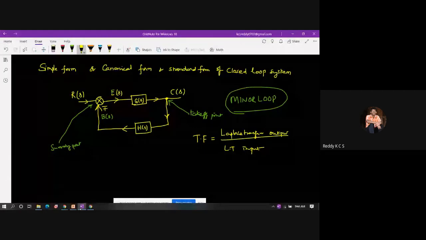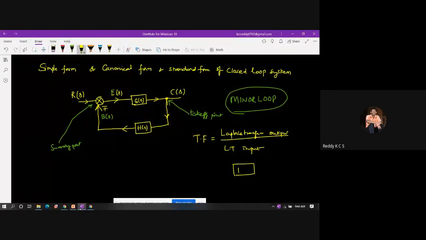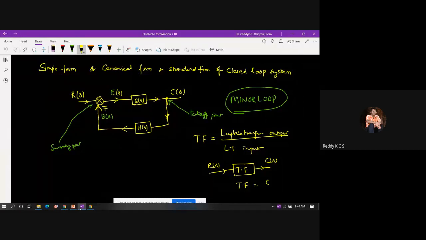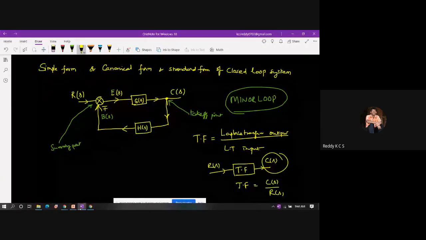If there is a simple block, with R of S as input and C of S as output, then the transfer function is C of S by R of S, because this is the output of the block and this is the input.